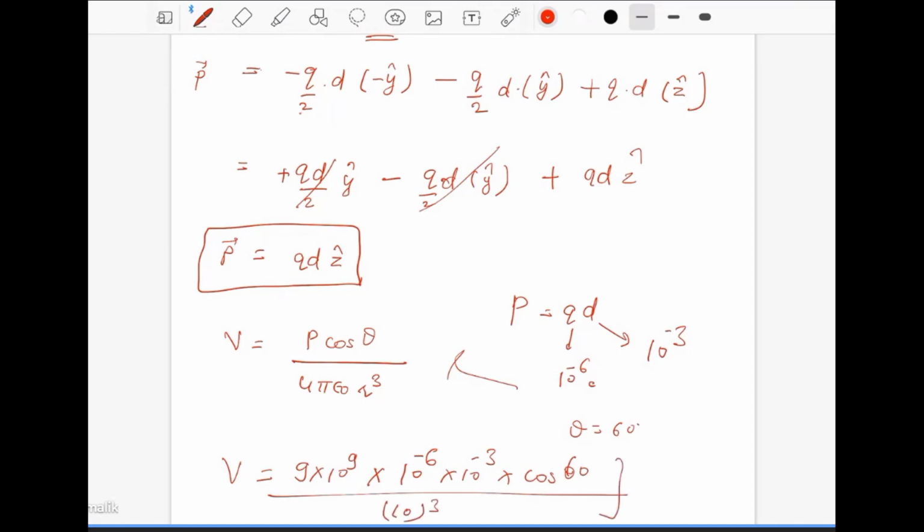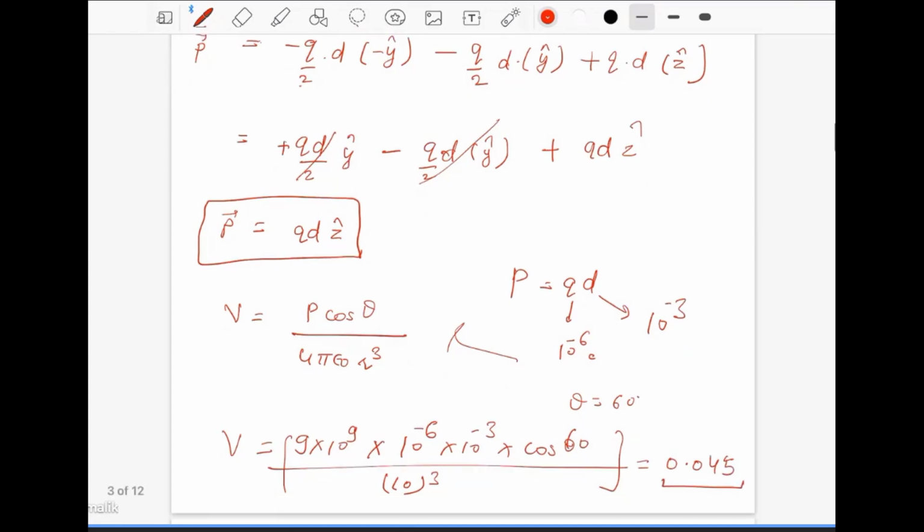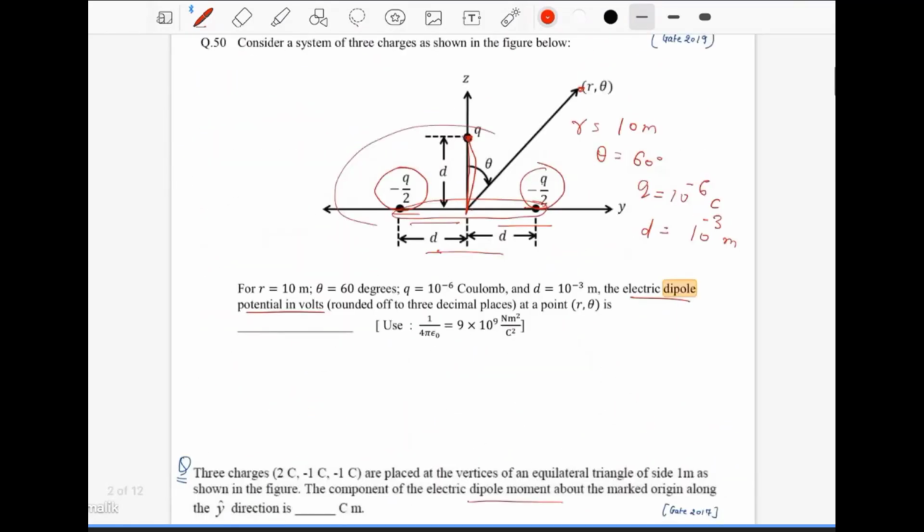If you calculate this quantity, you can try yourself. This will turn out to be 0.045. So the potential we get here is 0.045.